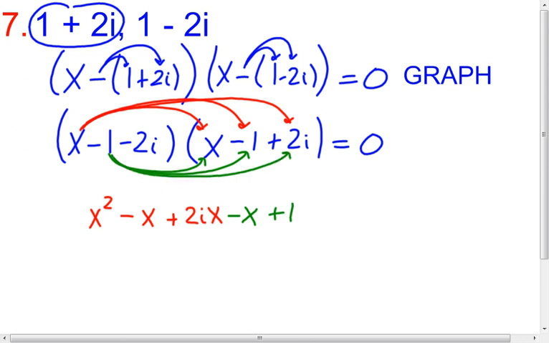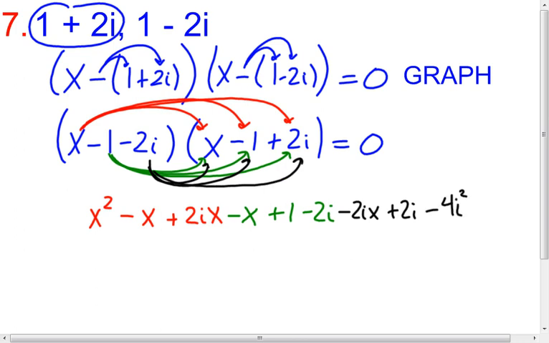Negative 1 times 2i is negative 2i. And moving on. Negative 2i times x is negative 2ix. Negative 2i times negative 1 is positive 2i. And negative 2i times positive 2i is negative 4i squared.